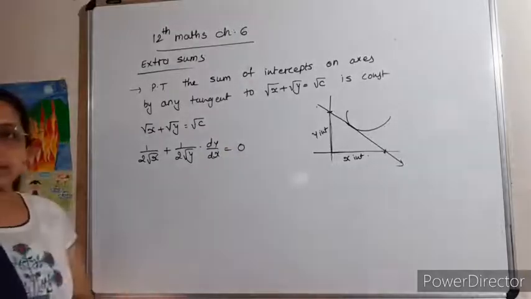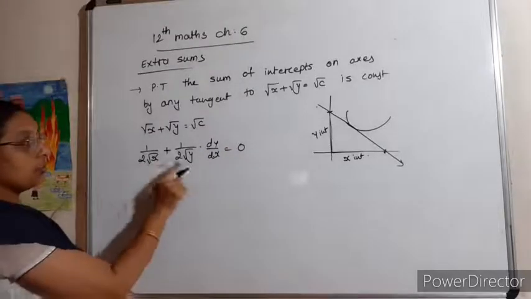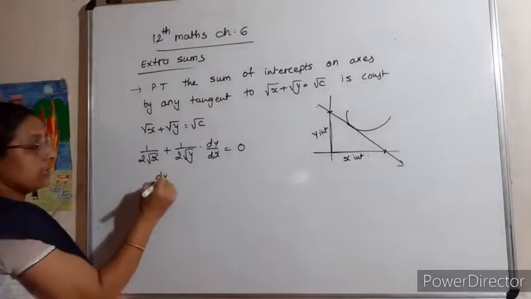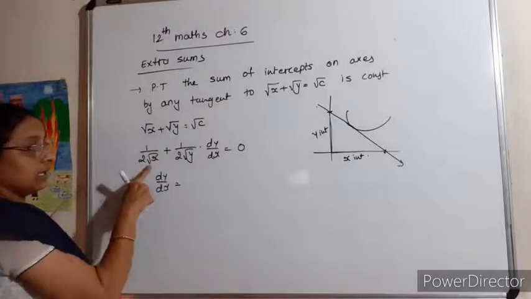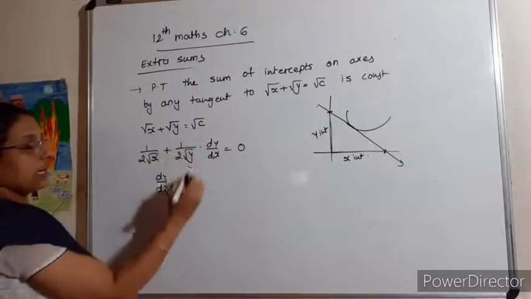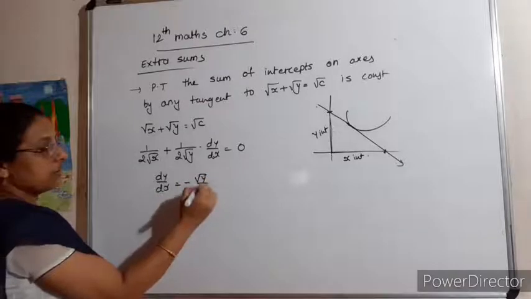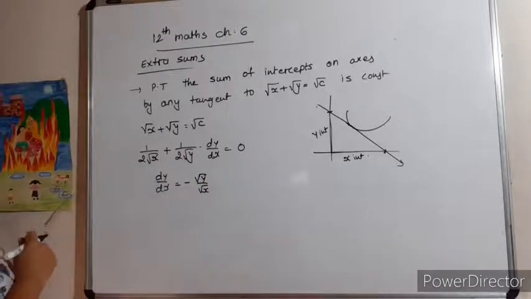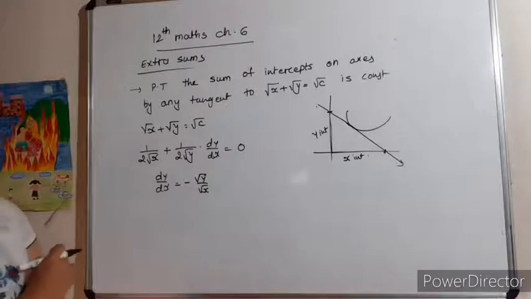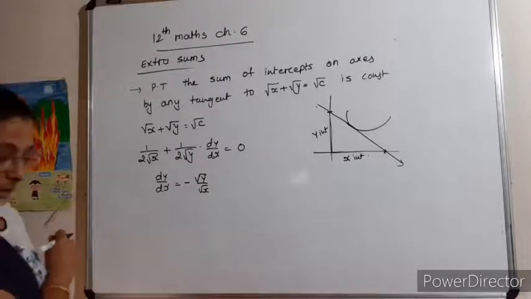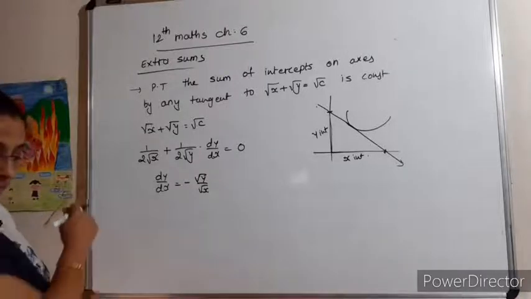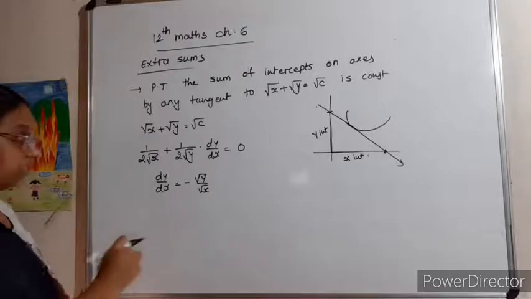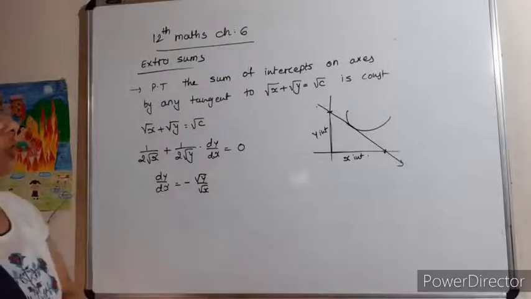Root c is constant. From this 2 cancel, so that dy by dx is, here it goes minus root y ऊपर minus root y by root x. This is the slope of the tangent at point x, y. You understand that? Yes? Okay. Now, slope of the tangent here. Any point is not given.